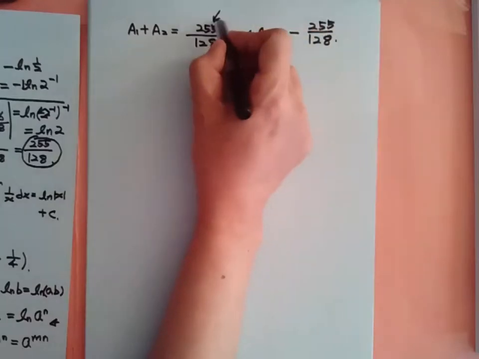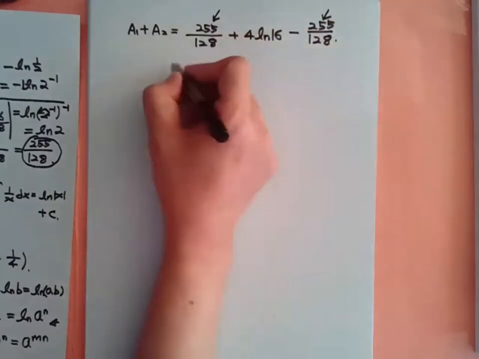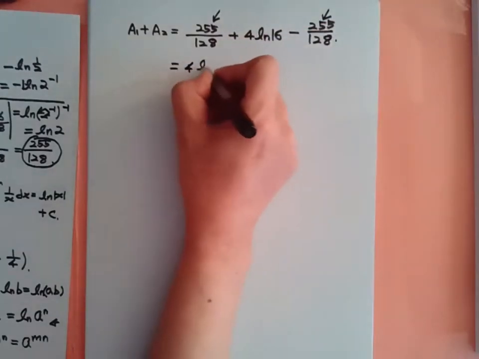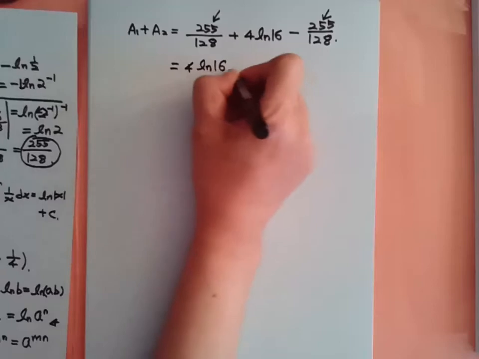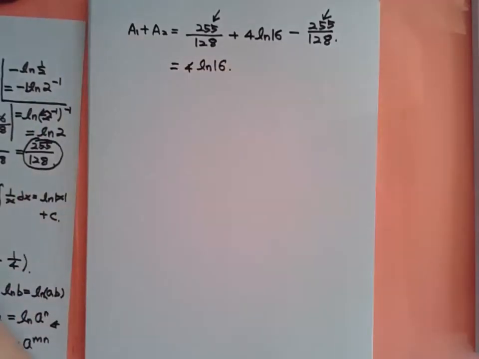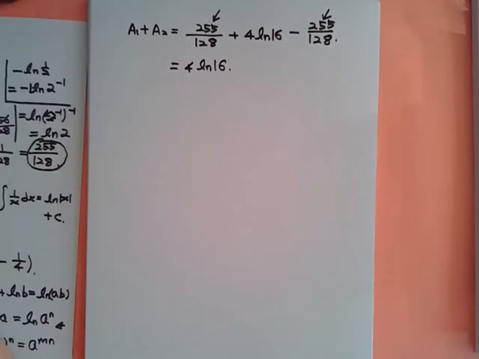The two will cancel each other and we get 4 times natural log of 16. Any question about this problem?